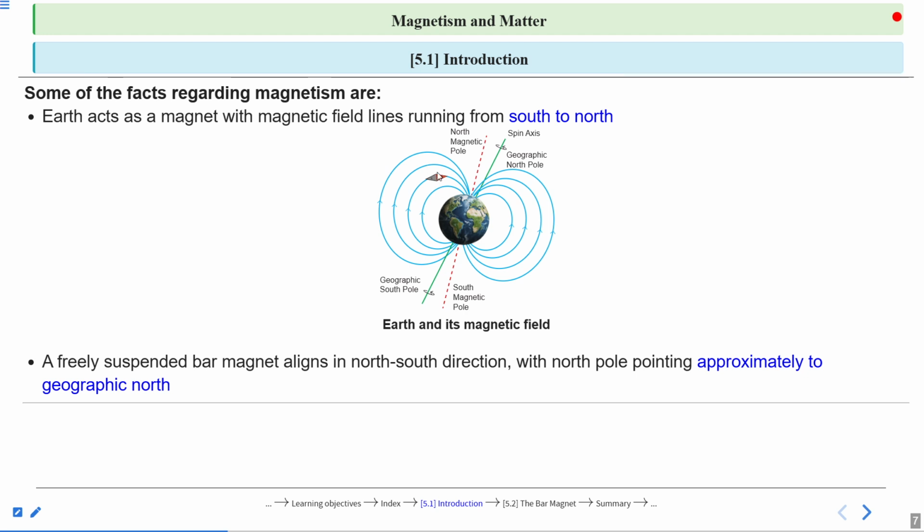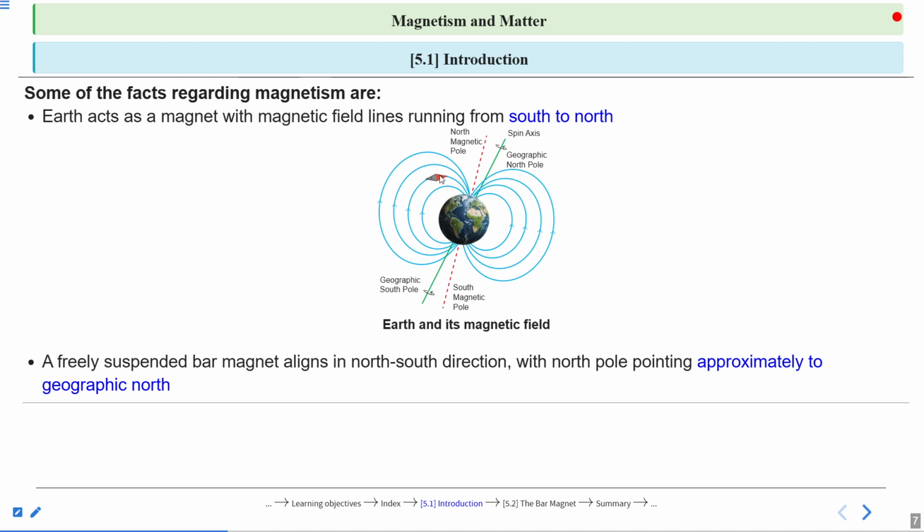That means the north of the magnetic needle will point towards the geographical north approximately. Why approximately? Because the magnetic north pole is not coinciding with the geographical north pole. They are near to each other but at some small distance.